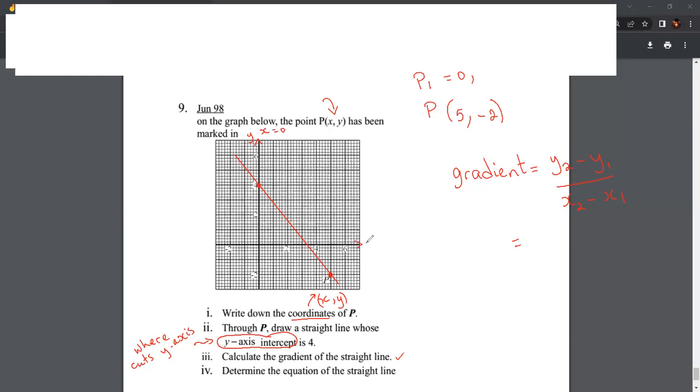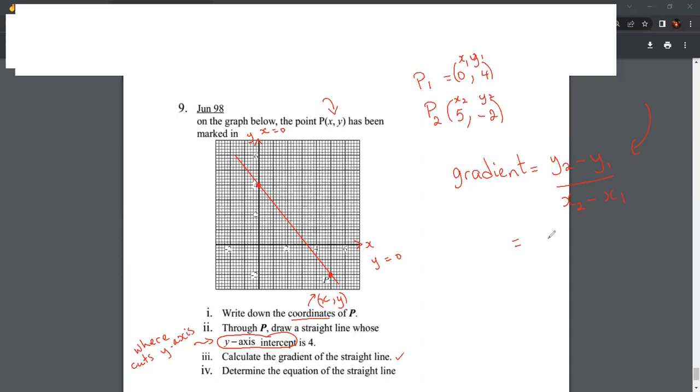And at your x-axis, y is 0. So for my point 1, it's going to be 0, and then 4. So this could be my point 1, and this could be my point 2. So this is x1, y1, and this will be my x2, y2.